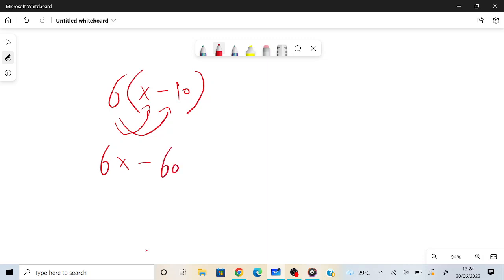Now when you're doing these type of questions, you can always check your answer. So using a calculator, for example, let's say x is 2. When you put this 2 into this equation, your final answer should be the same as you put it here in this equation.